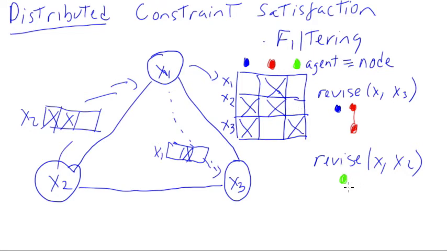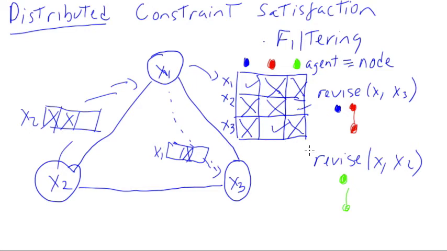He has no other choice, so that's not going to work. So therefore, clearly, I cannot be green. So if I am green, x2 is green, I have to cross that out, and bingo. Now I have a solution because I know, hey, I can only be blue, x2 can only be green, and x3 can only be red. So that's how the filtering algorithm works.